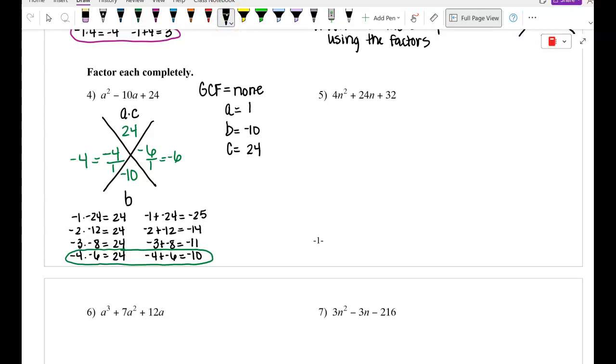I don't have to worry about bringing down a GCF because there wasn't one. So one of my factors is going to be a minus 4. The other factor is going to be a minus 6. So that would be my factored form for a squared minus 10a plus 24.